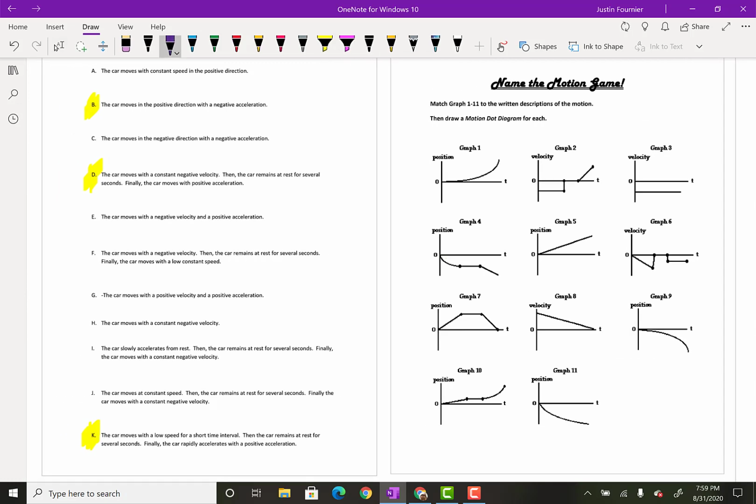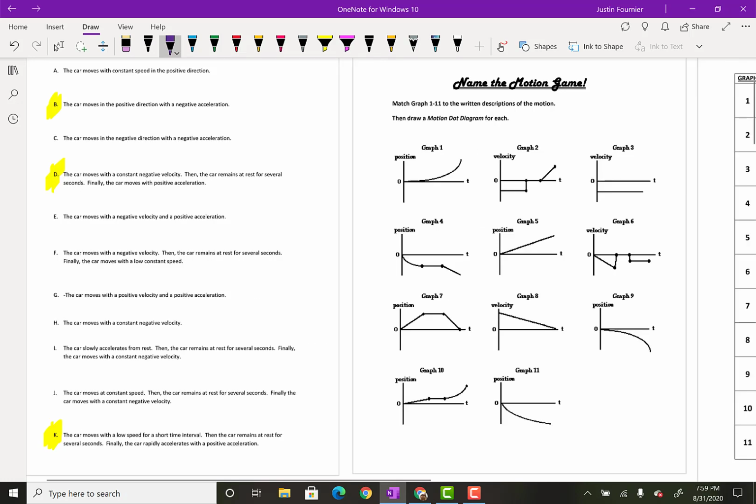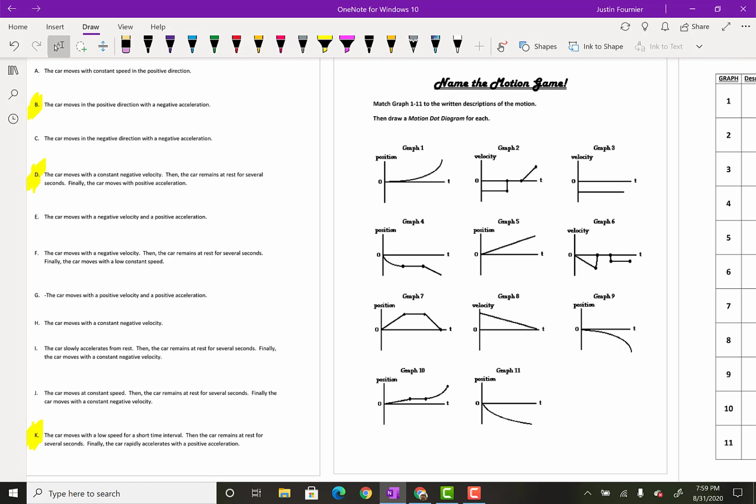All right, so the first thing, part B, says the car moves in the positive direction with a negative acceleration. You can look at these graphs. Both of these are moving in the negative direction though, right? Once again, these are position time graphs.